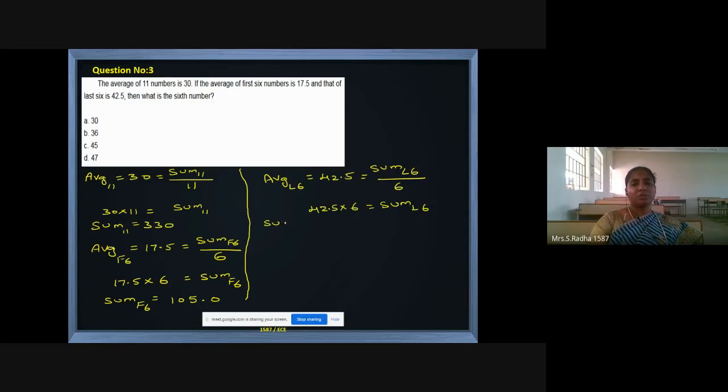Then the sum of the first 6 numbers plus the sum of the last 6 numbers will be 105 plus 115. So what is the answer?